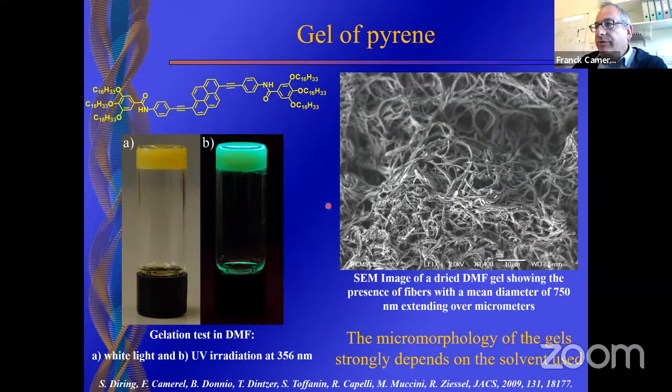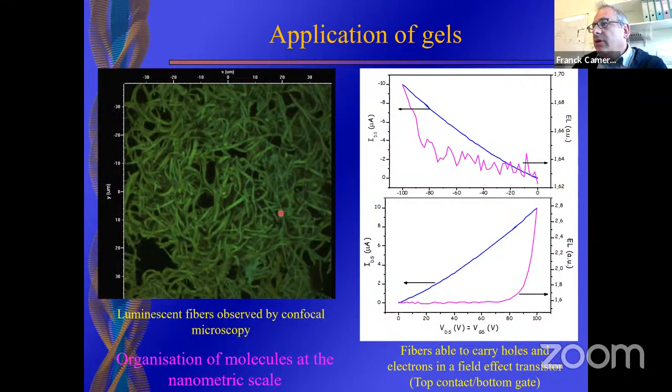After that, we took these fibers, and as they are luminescent, we had a look at these fibers by confocal microscopy, and we also confirmed by confocal microscopy that we have luminescent fibers.